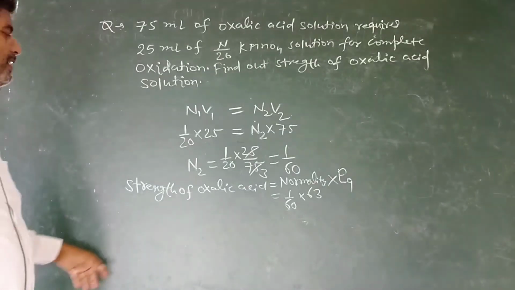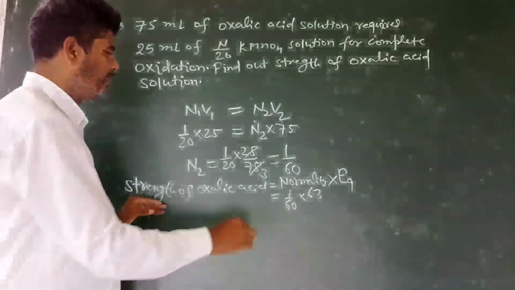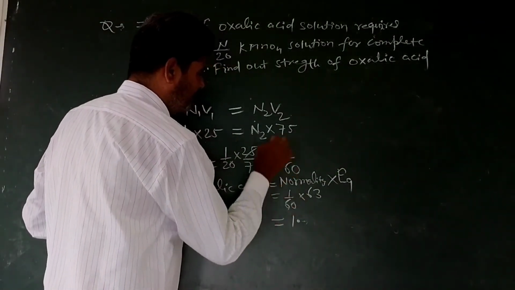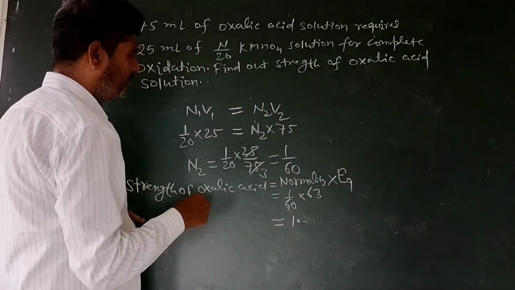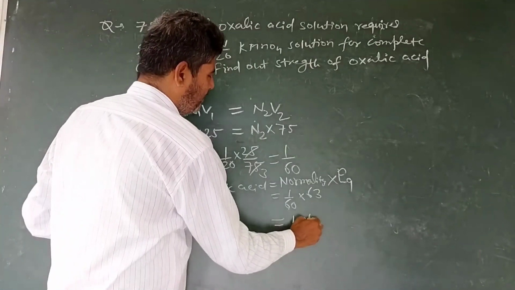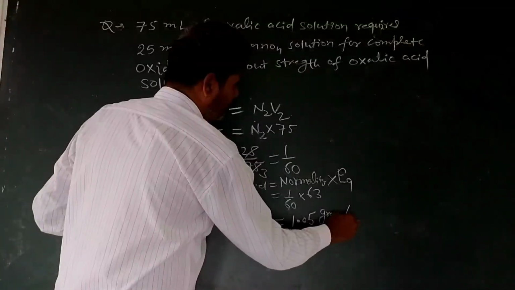The equivalent weight of organic acid is 63. So 63 upon 60. This is equal to 1.05 gram per liter.